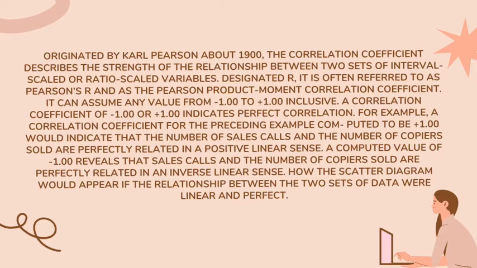A computed value of negative 1.00 reveals that sales calls and the number of copiers sold are perfectly related in an inverse linear sense. This shows how the scatter diagram would appear if the relationship between the two sets of data were linear and perfect.